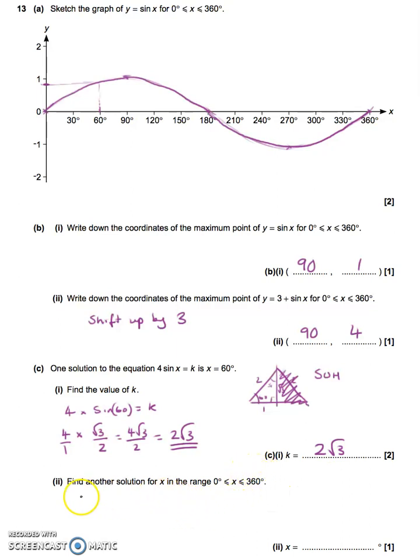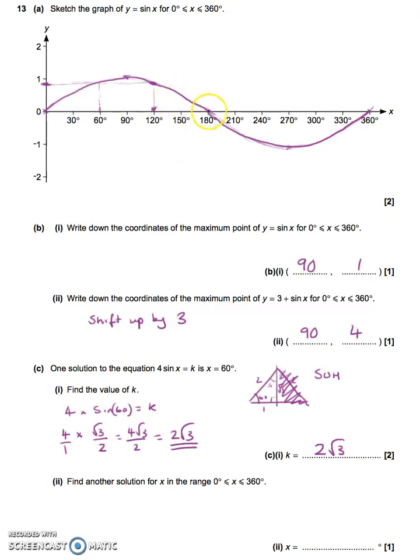And then part 2 to that, you've got to find another solution for x in the range 0 to 360. A nice, easier question. Once we've shown this up here, we can go along and find another point where we get the same solution. On the graph that we've drawn, because it's fairly accurate, it looks like it's going to be 120.